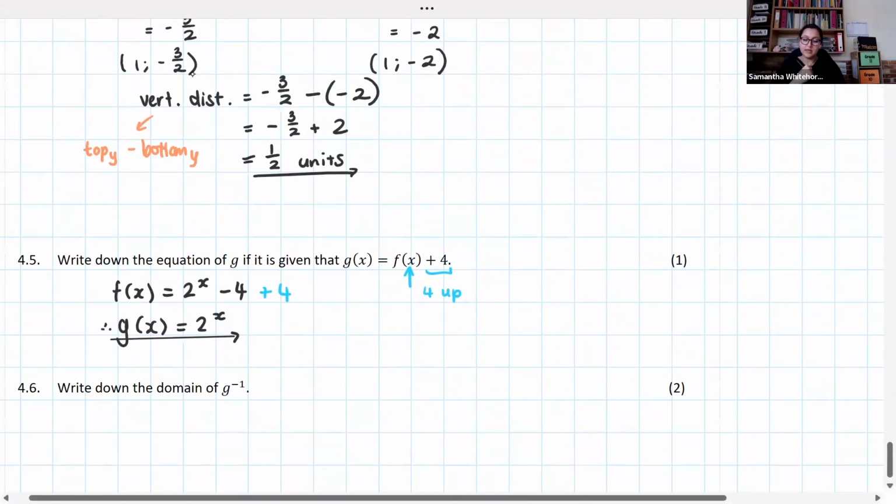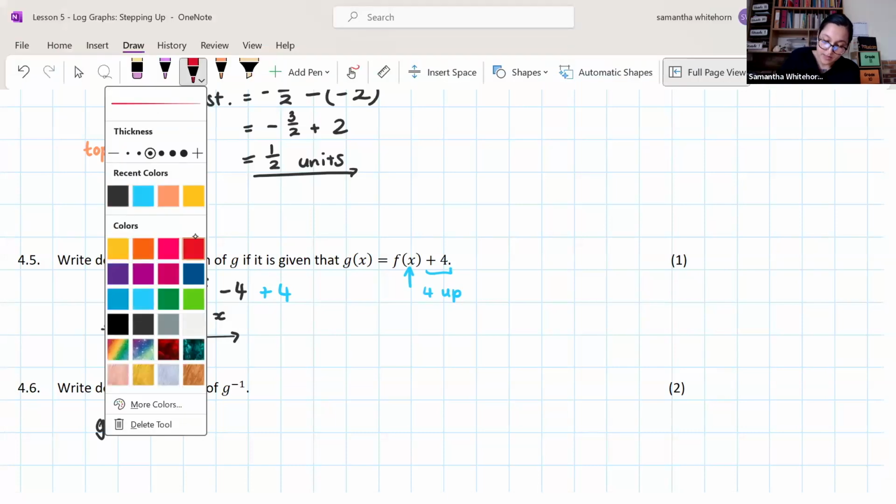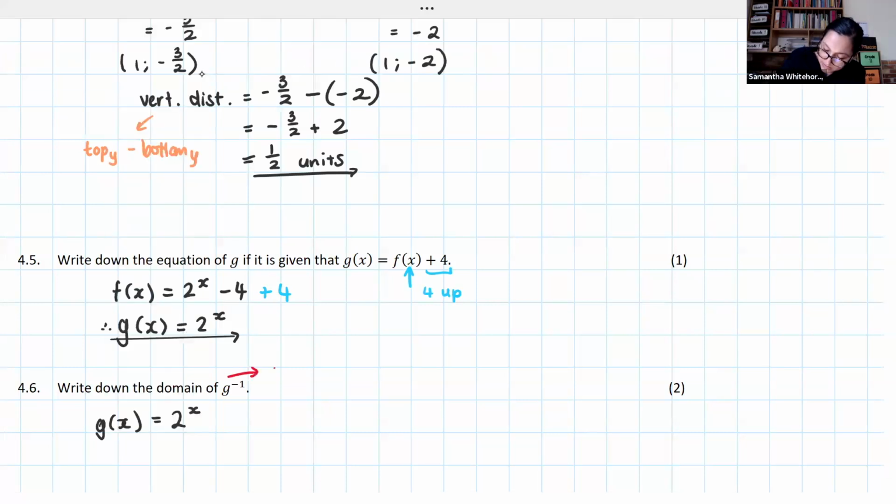Right, 4.6 says write down the domain of the inverse. Okay, so g of x is equal to 2 to the power x. Now, it would be a bit of a mission to go and find the log, and then figure out what the inverse would be. Remember the swap. The domain of the inverse is equal to the range of the original.